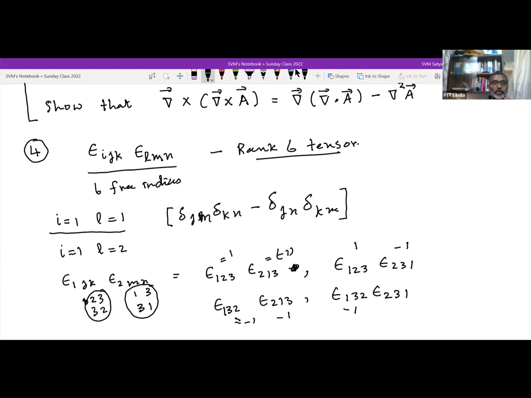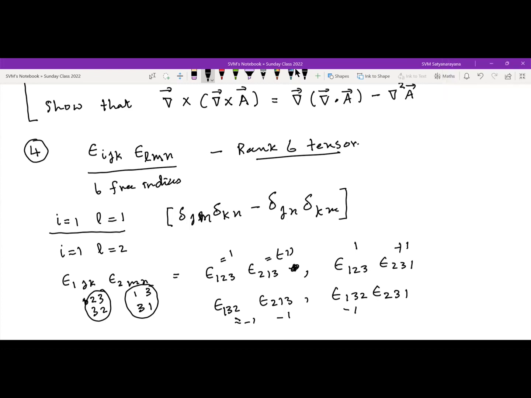Sir, in the previous thing, epsilon 2, 3, 1 is also 1, no, sir? Where? In the second case, epsilon 2, 3, 1, that is also 1, no, sir? Yes, correct.